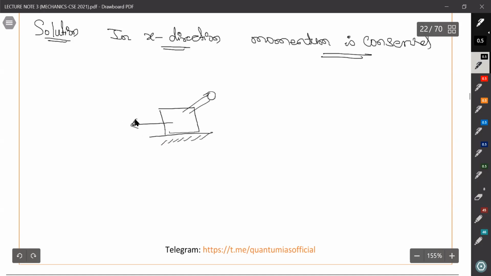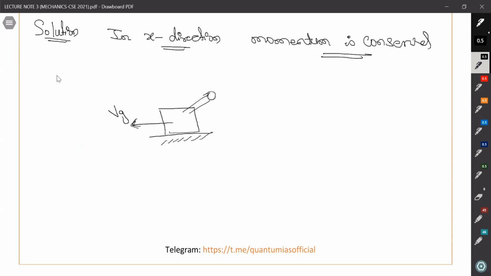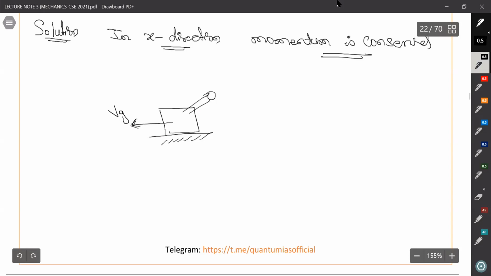So let's suppose this is the gun, and it moves with vg, and we are writing in the lab frame.